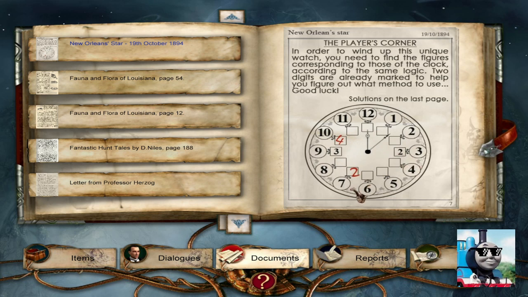Maybe the numbers across always have to equal 5. The numbers across always have to equal 5? Yep. So 3 plus 2 is 5. 4 plus 1. Oh. Maybe. Give it a shot. Do I need to get some paper? So that equals 5. But why would it be that specific number?